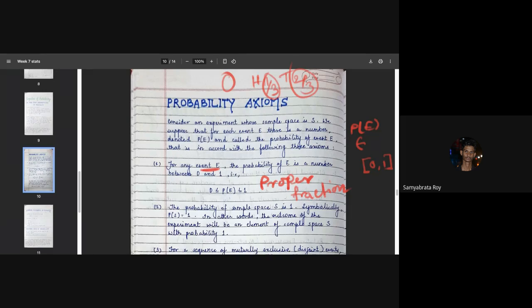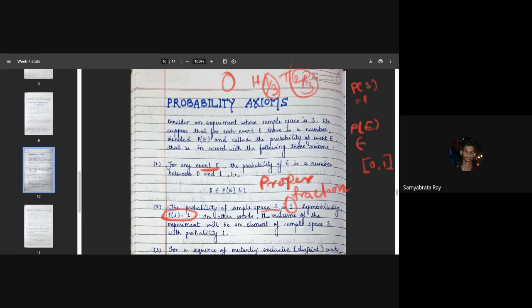Now, the probability of the sample space must be 1. What does that mean? The probability of an element occurring that is contained within the sample space is very trivially 1.